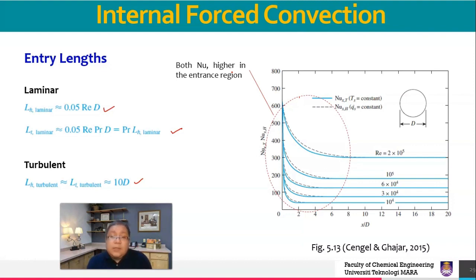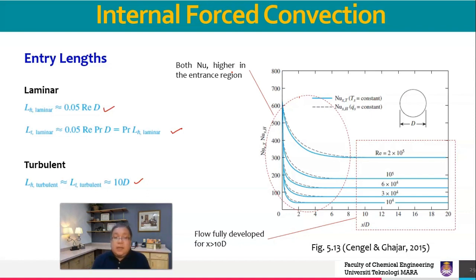Then, as it goes along the length of the pipe compared with the diameter, it becomes fully developed, and the Nusselt number for T and H will be the same.